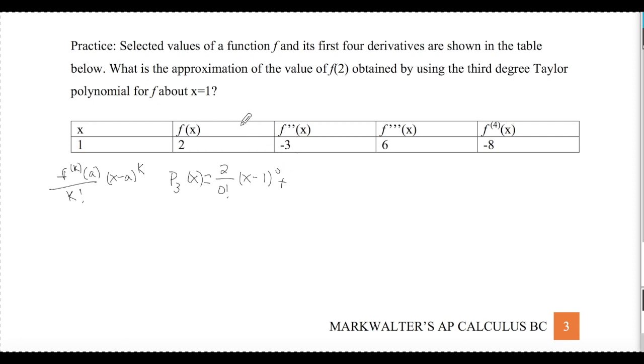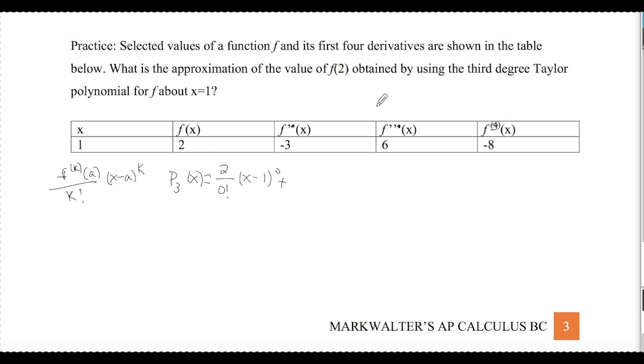I'm going to change it on my PDF. This should say the first, the second, and the third. I'll change it on yours so you don't have to deal with that problem.